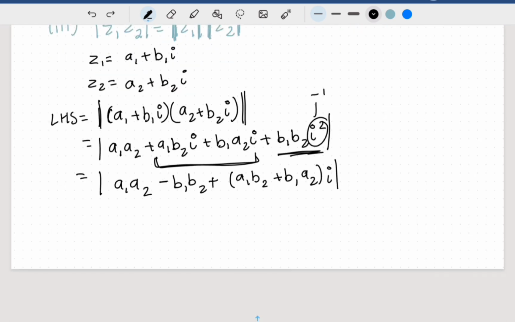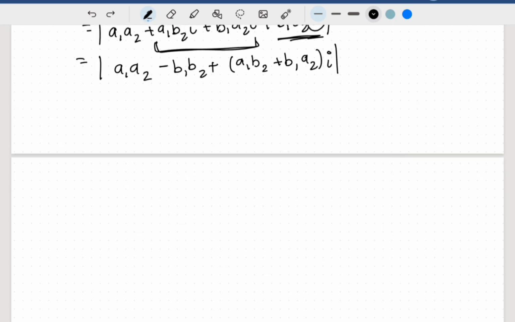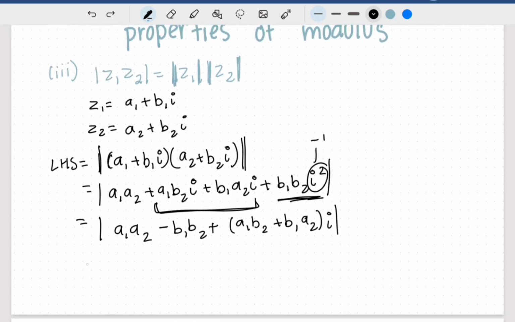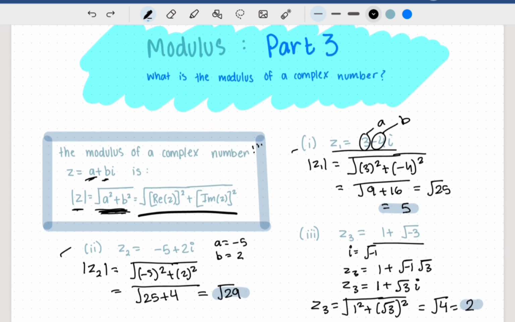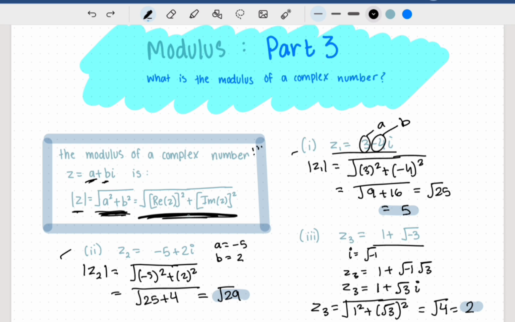Okay, so let me get another page. Now we have this modulus going on, but once again it's the same exact procedure. Instead, let's try to use this one. This one and this one are the same, but to make a bit more sense, let's use this one. It's saying the real part of z squared plus the imaginary part of z squared.